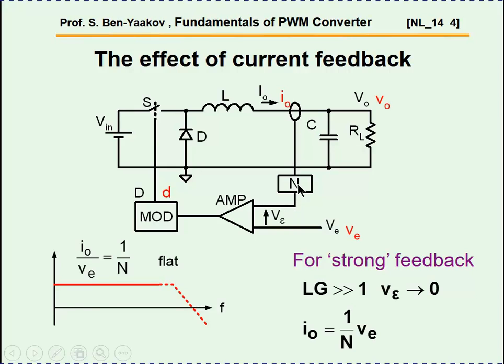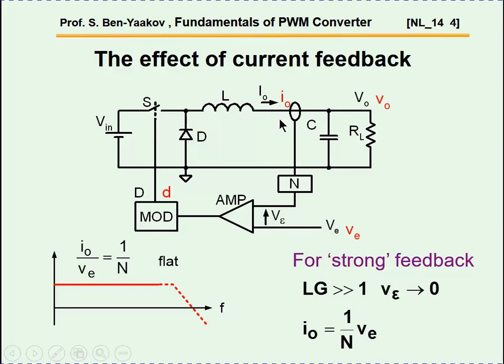This will be like a resistor in between, and we compare the voltage here, which is proportional to the current, to a reference signal here. This is V sub E. Actually, it comes from an error amplifier. We'll see it later. But for the purpose of the present slide, this is like a constant voltage here. Okay? So we compare this current to this constant voltage, and any error here is amplified and fed to a modulator which produces a duty cycle.